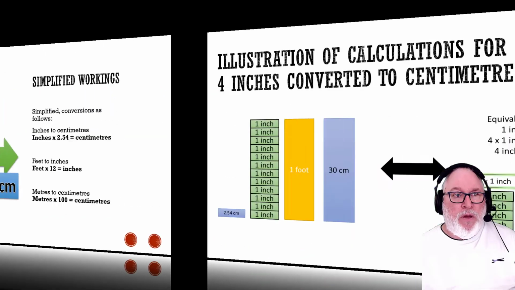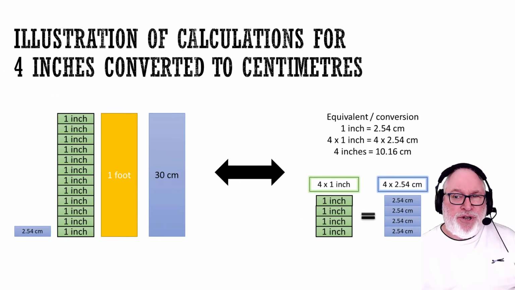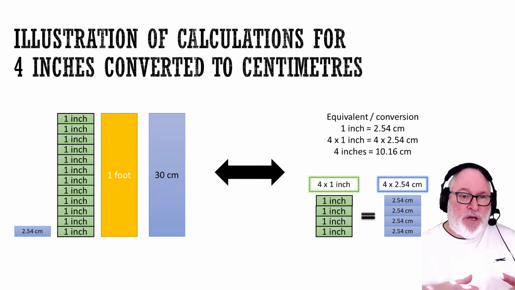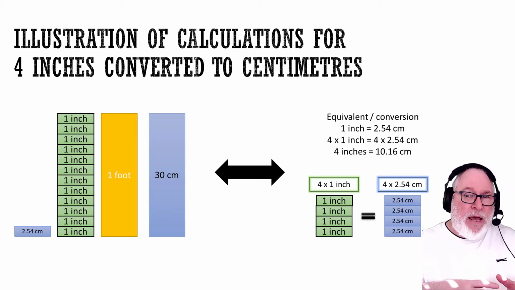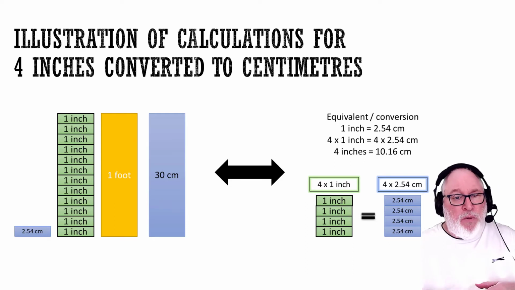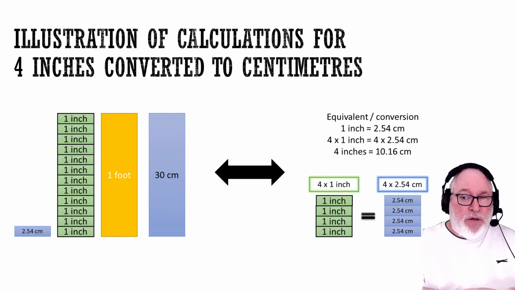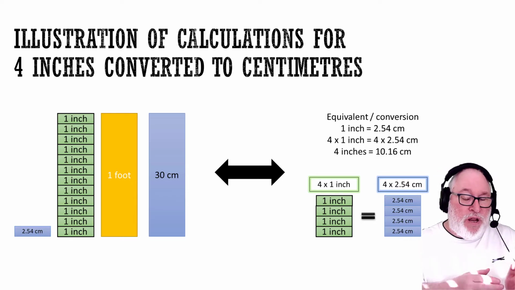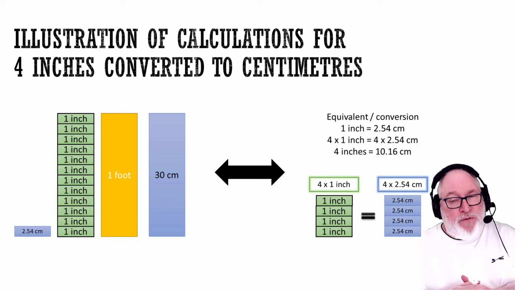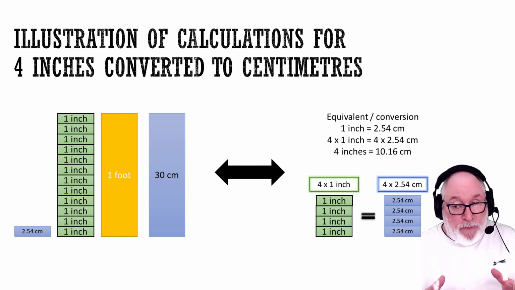Right, I'll be looking at another illustration here. So we had a look at the comparison of each of them, but what happens on one side happens on the other. We did say that 1 inch is equivalent to 2.54 centimetres. So it's 1 inch on one side, 2.54 centimetres equals that.